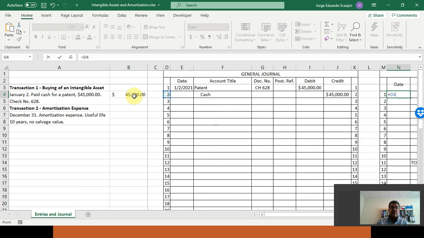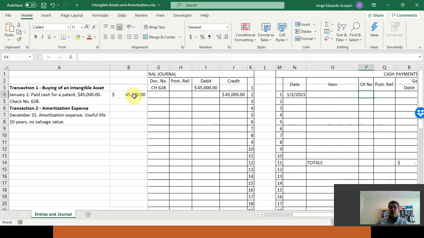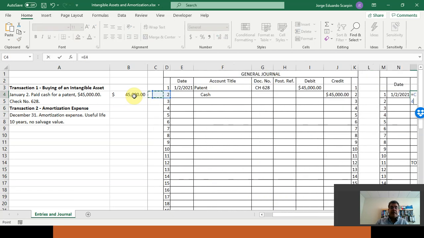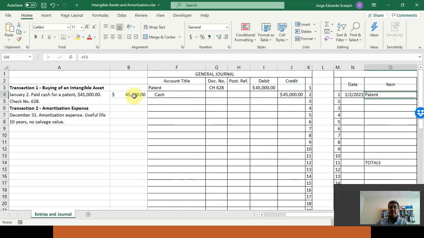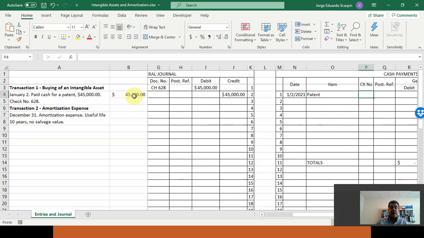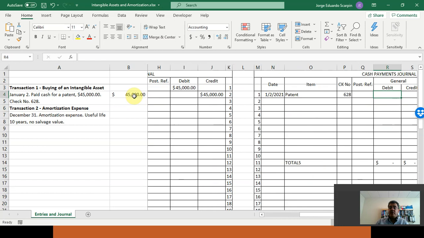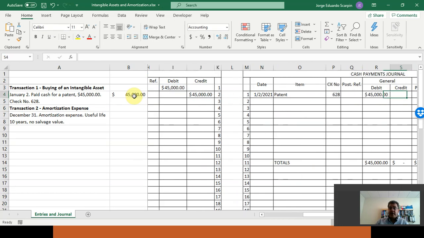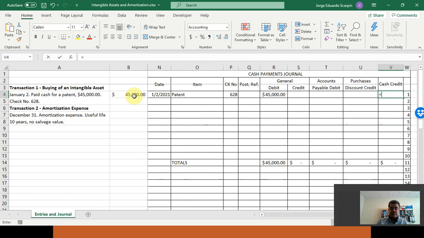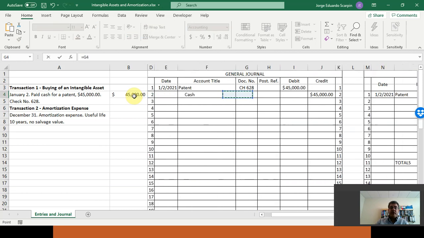Date, January 2nd, item, patent, a debit, so check number 628, debit 45,000, and cash credit 45,000.